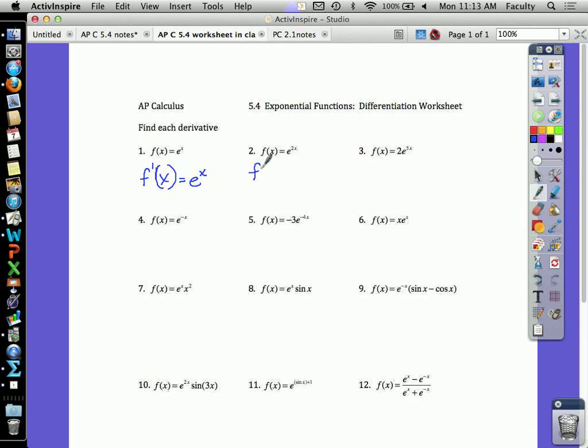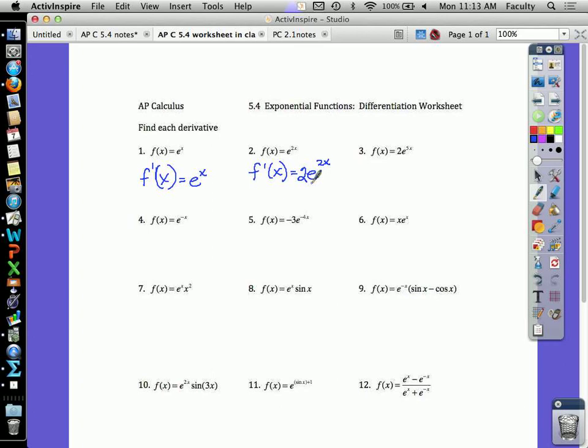In number 2, now I have stuff there. So that's e to the 2x times the derivative. So if you're comfortable, you can just put it out front. So in number 2, f prime of x is 2e to the 2x.